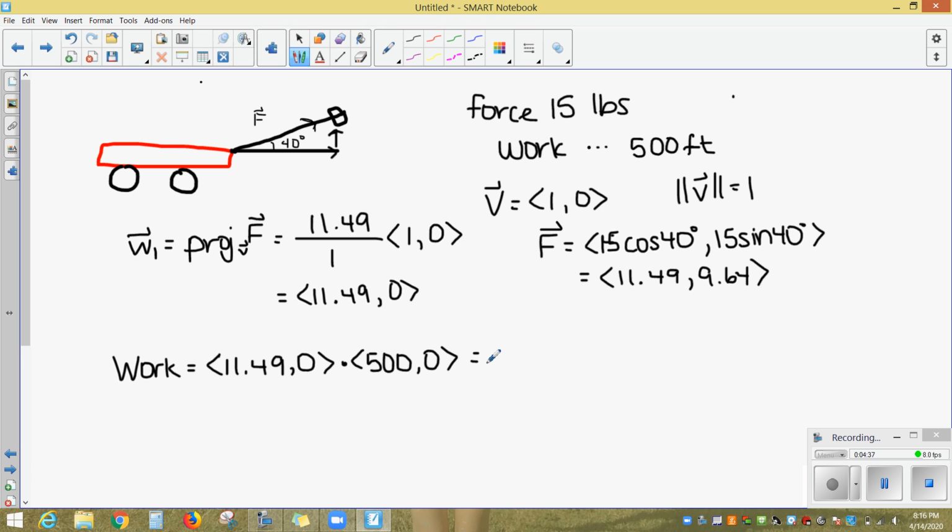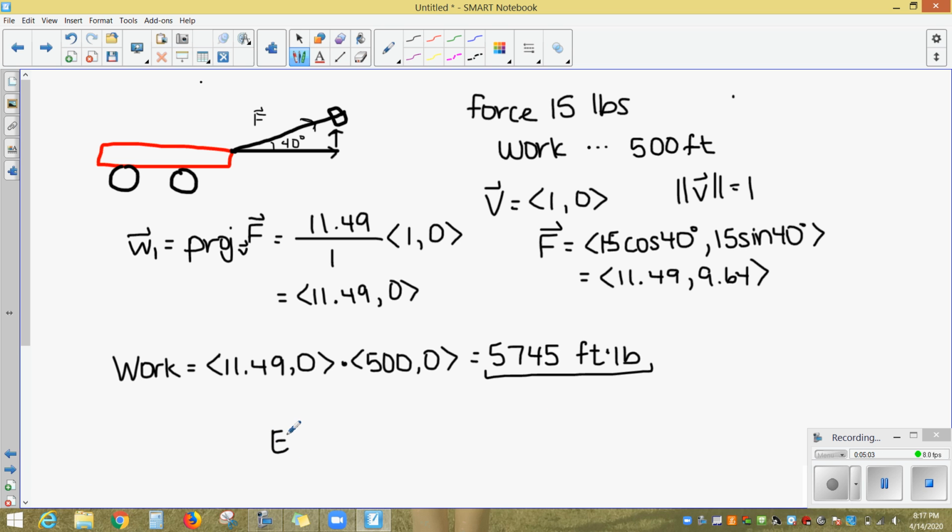And if I find that dot product, 11.49 times 500 is 5745, plus 0 times 0 is 0. Work units are always strange, but I have 5,745 foot-pounds of work that's done to move that wagon straight down the road 500 feet.